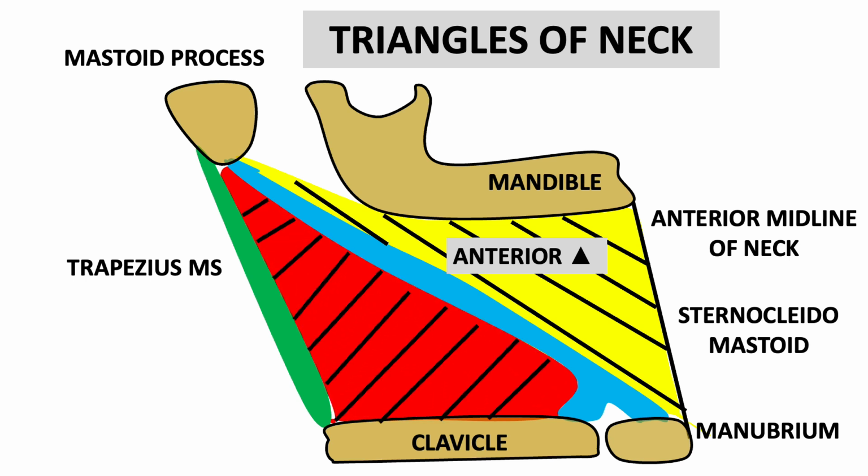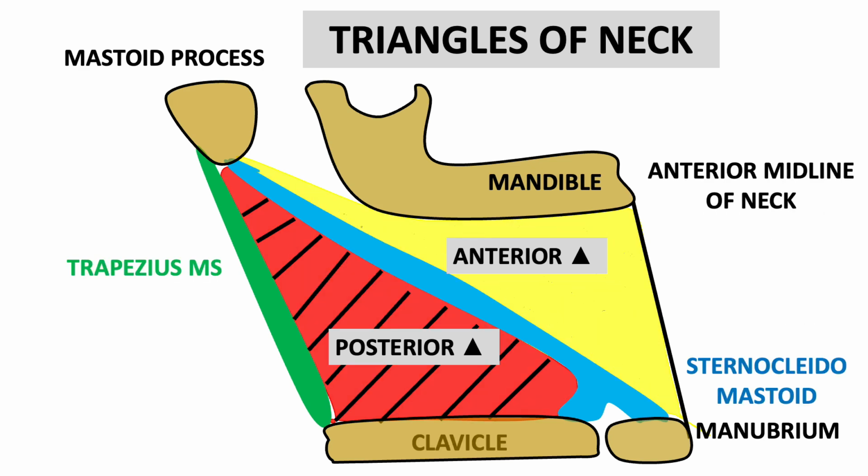As you can very well see in the figure, the sternocleidomastoid divides the boundary into two triangles, the anterior triangle of the neck and the posterior triangle of the neck. Now, how many triangles are there in the anterior triangle of the neck and how many triangles are there in the posterior triangle of the neck?